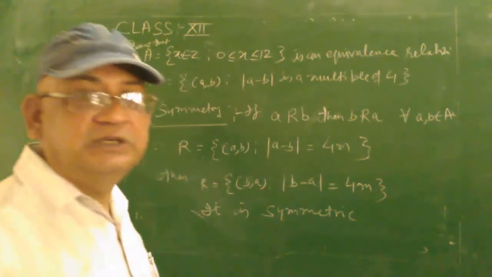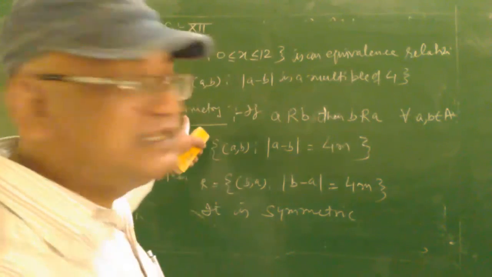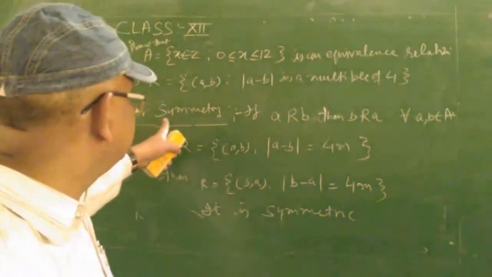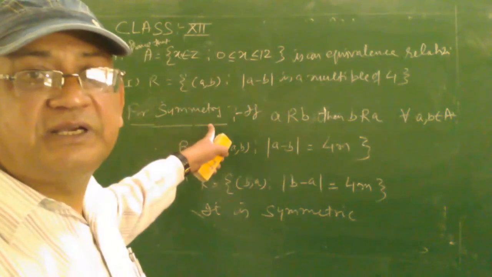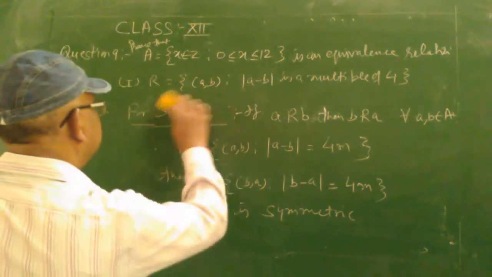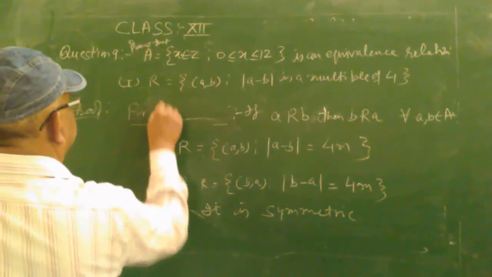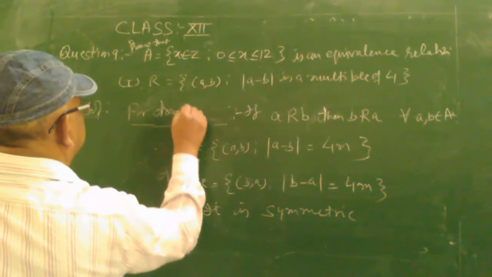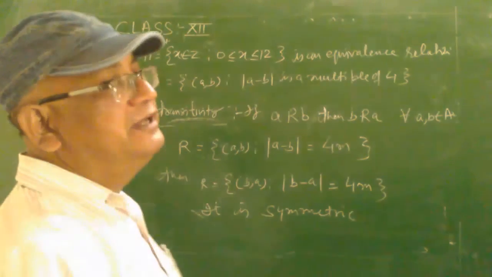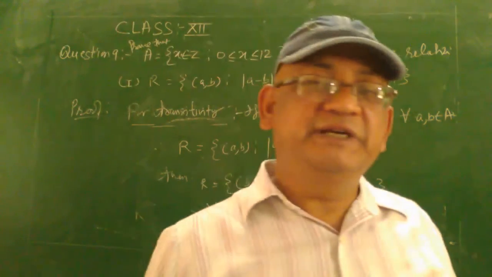Now come for the transitivity. So previously it was written transitivity, बेटा ये symmetry, previously it is written transitivity, इसको आप symmetry कर लीजिएगा, it is for symmetry. Now for transitivity, transitivity में आपके 3 elements होते हैं a, b and c.